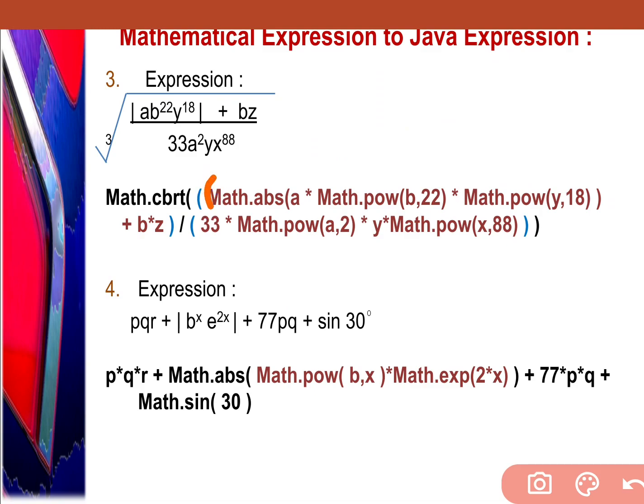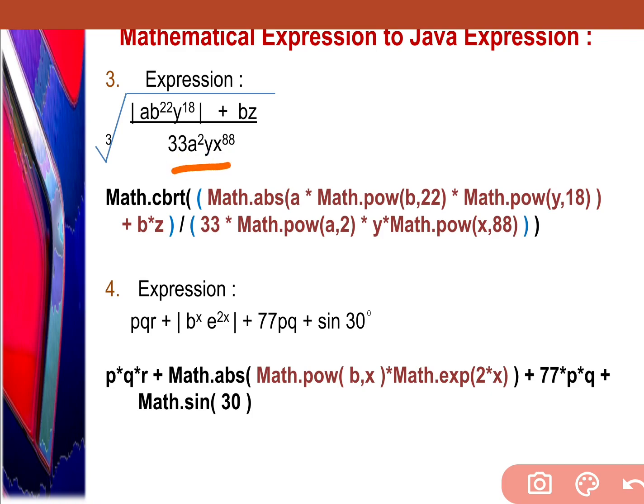This bracket I had written for the numerator part. The numerator part contains first of all Math.abs, bracket, a into b to the power 22 into y to the power 18 plus b into z, the numerator part.